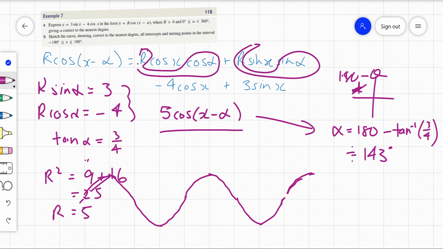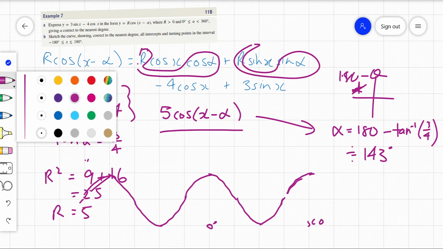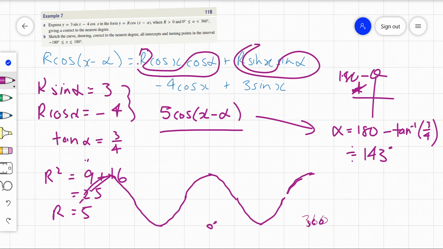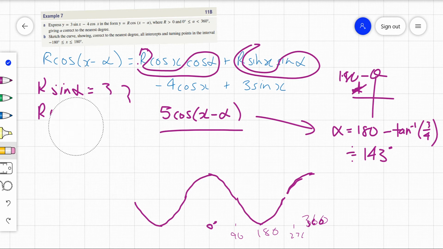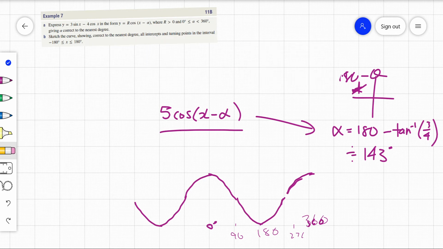Usually 0, 360, 180, 90, 270. I'm just going to rub that out for a second and make a bit more room. Hopefully you're okay with all that.